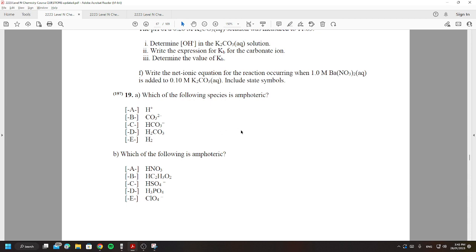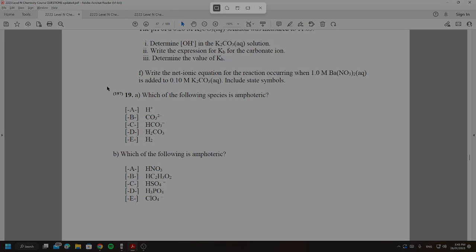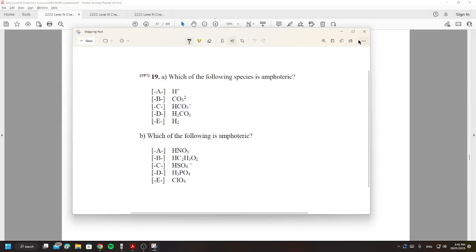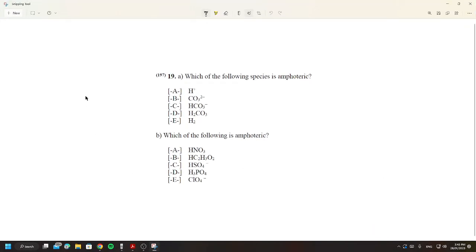Okay, so which of the following species is amphoteric? So we know amphoteric is can act as both an acid and a base, right?